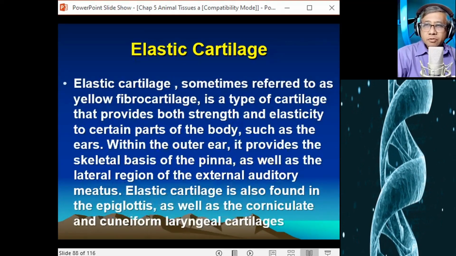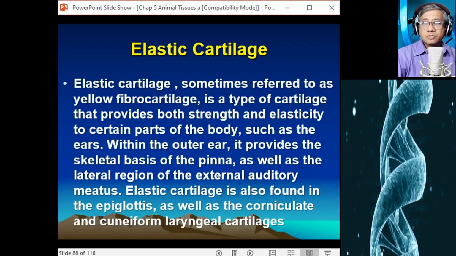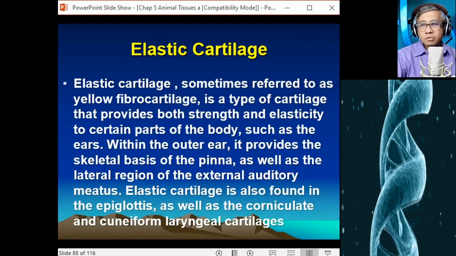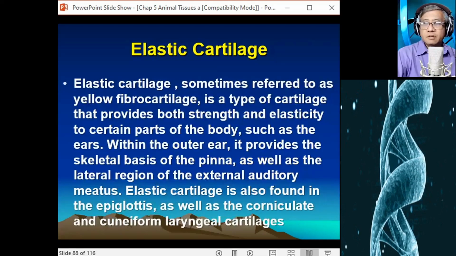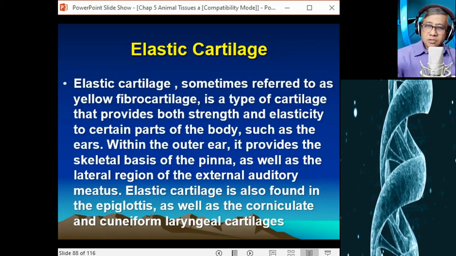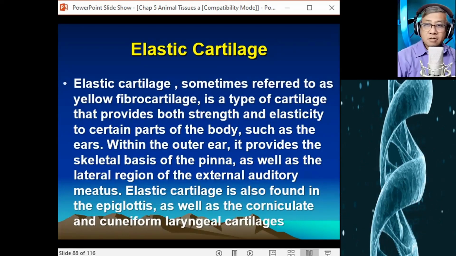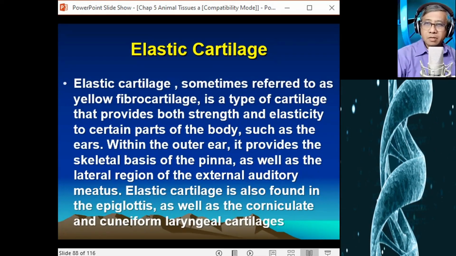Alright, within the outer ear, it provides the skeletal basis of the pinna, as well as the lateral region of the external auditory meatus, yung eardrum.